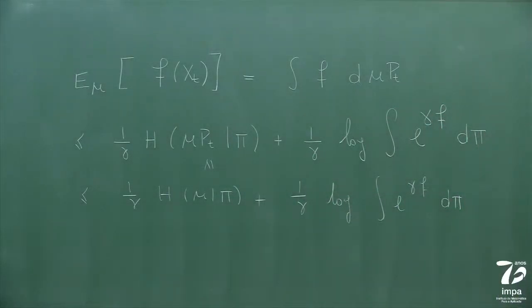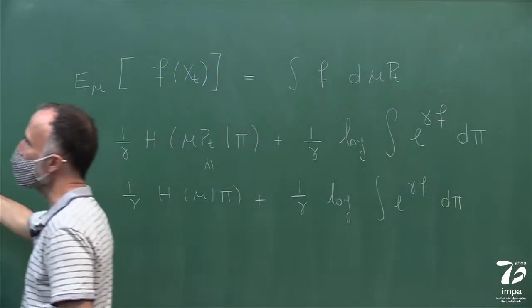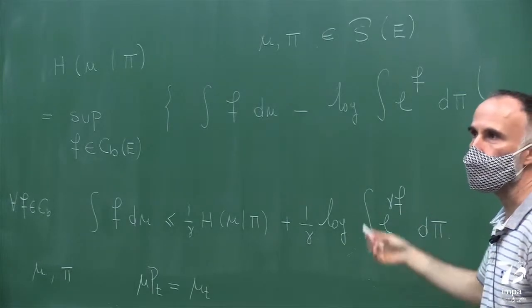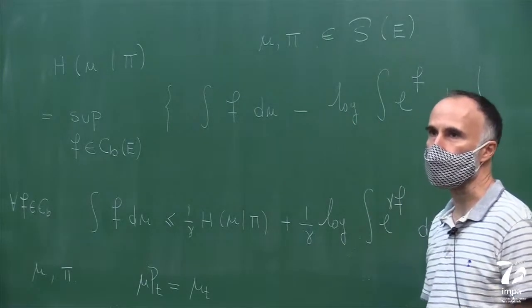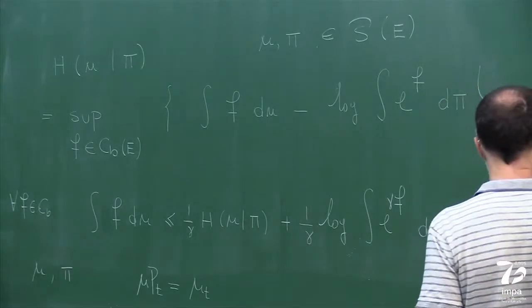And then you'll tell me, okay, how do I estimate this entropy, which is given by this variational formula? It looks awful to estimate. Well, actually, we have an exact form of the entropy.